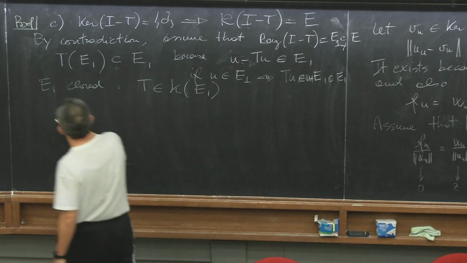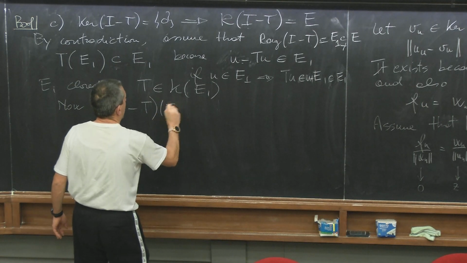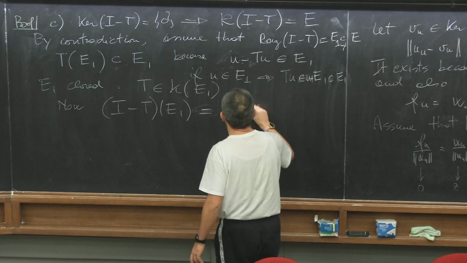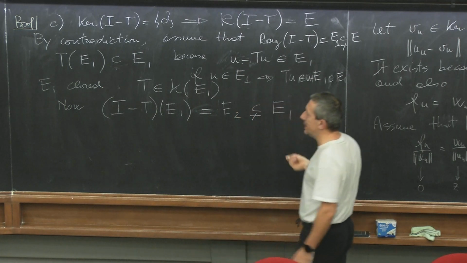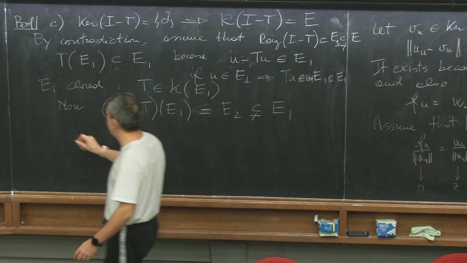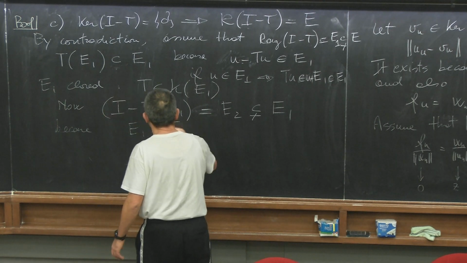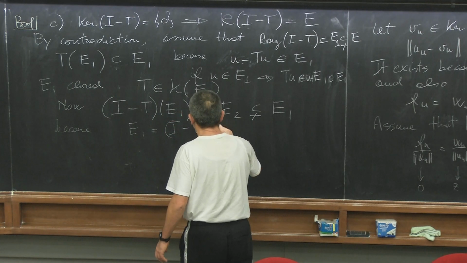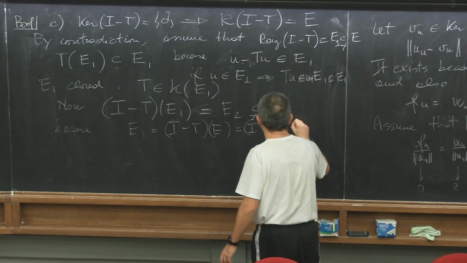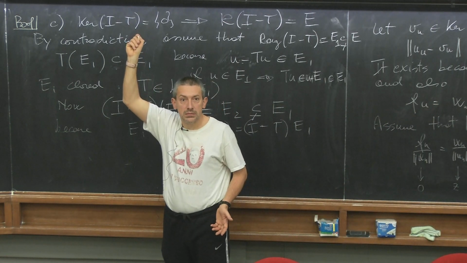Now, identity minus T applied to E1 is some subspace E2, which is contained in E1, but is not equivalent to E1, because I know that E1 is equal to identity minus T applied to E, and if it were equal to identity minus T applied to E1, then the kernel cannot be 0, no?